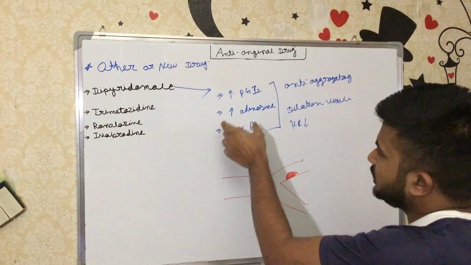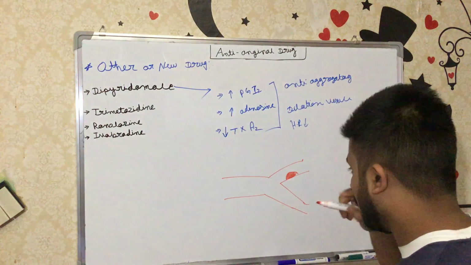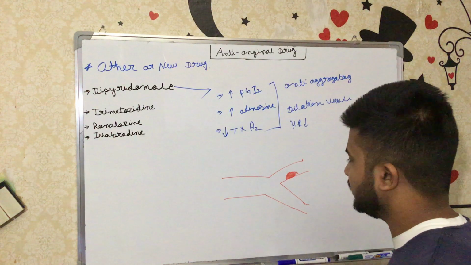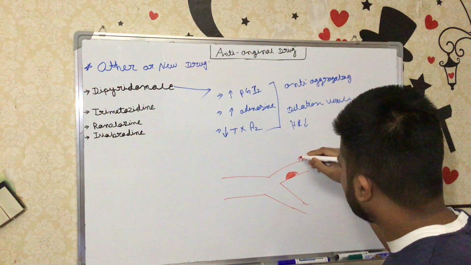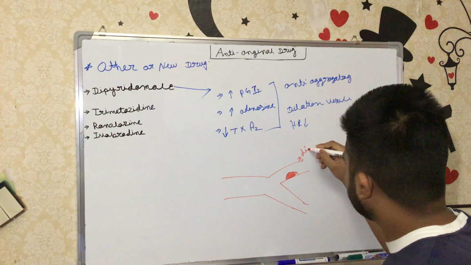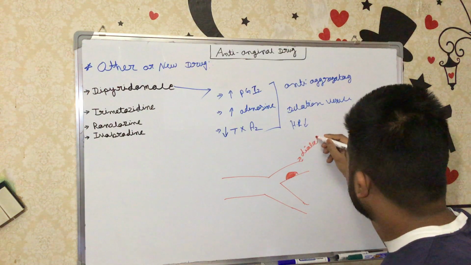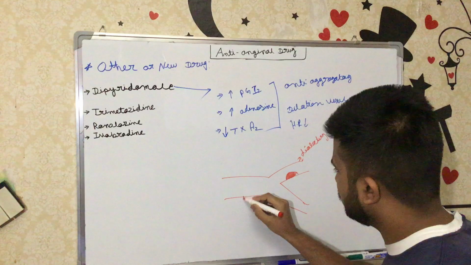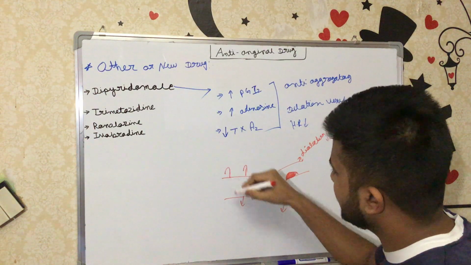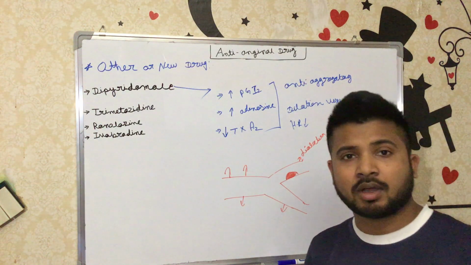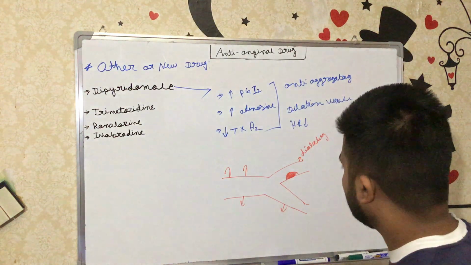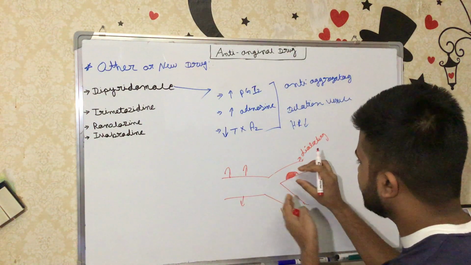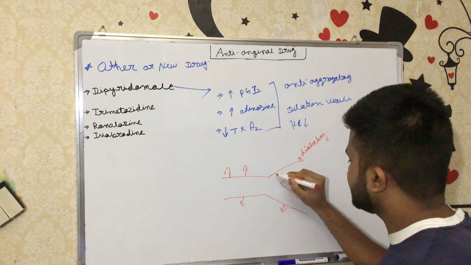Actually due to increased adenosine, what will happen? Even in the non-ischemic zone, because this area is healthy, this area also dilates, along with the ischemic area. And the final result: a lot of blood will come to this area when it should go to the ischemic area.